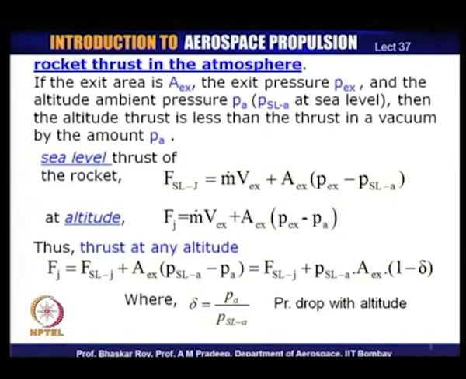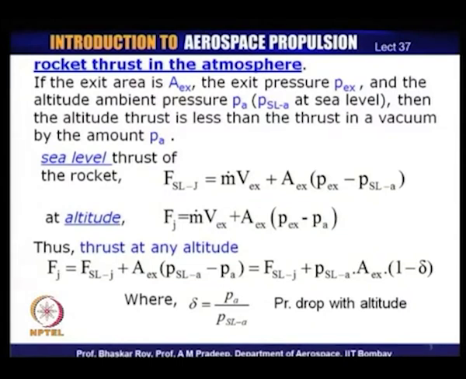Now, in case of sea level, as you can see, the exit pressure is P_SLA, which subtracts from the exit pressure, and as a result of which the thrust is so much lesser. At an altitude, the second term shows P_ex minus P_a, where P_a is the ambient pressure at that altitude, and as a result the thrust is lesser by that much.